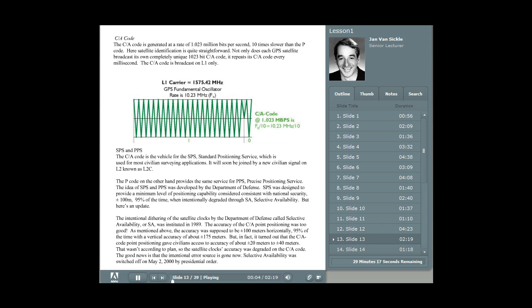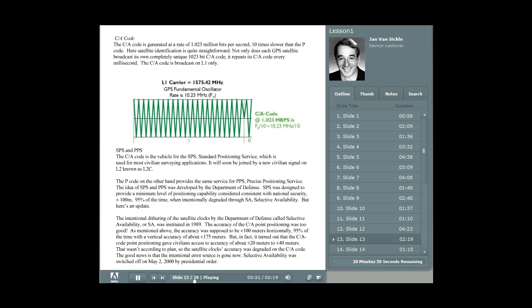Now, the C/A code, or Civilian Acquisition or Access Code, is generated 10 times slower than the P code. Well, this is interesting because actually it is done on purpose. It is done by design, but still it is impressed upon the carrier, again, by phase modulation.